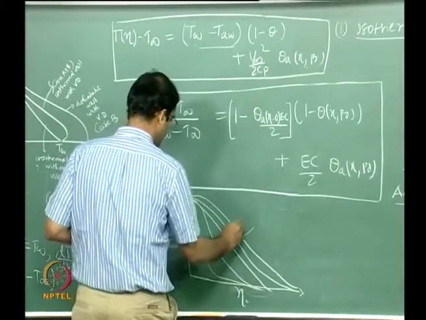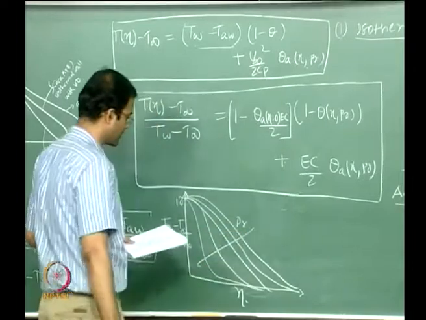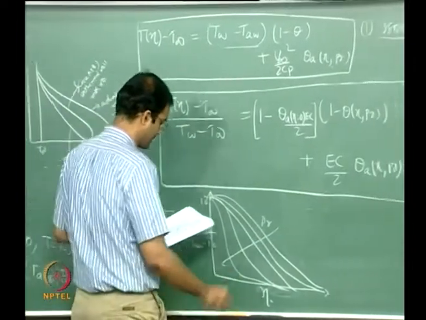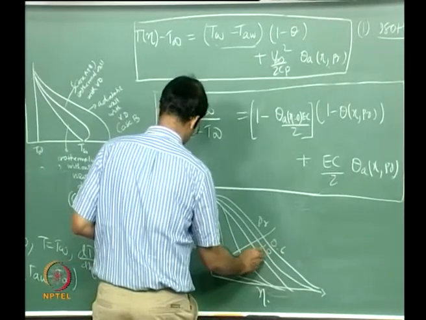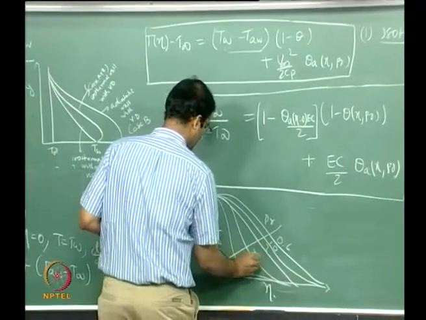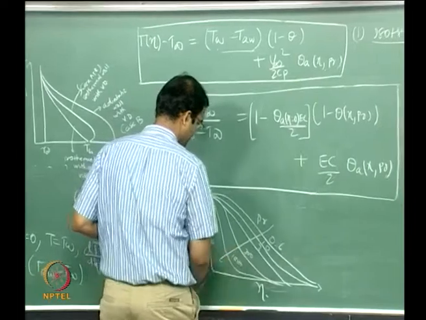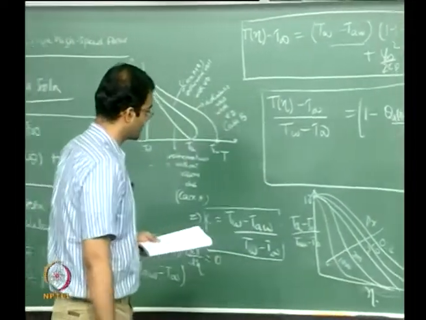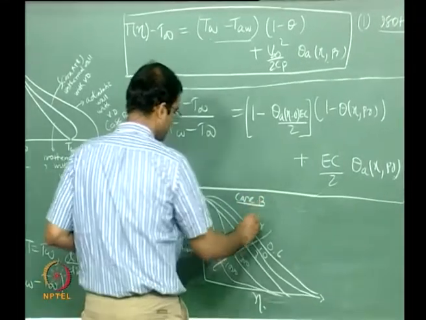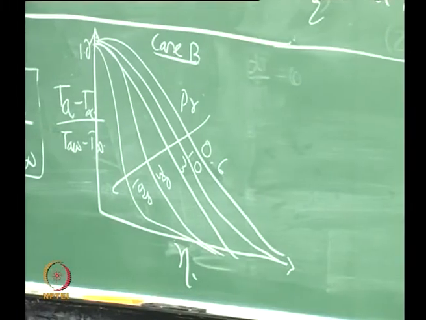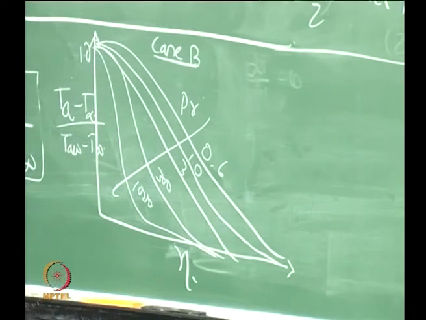So with increasing Prandtl number, your slope at the wall keeps increasing. This Prandtl number 0.6, 1, 3, this is like 300, this is like 1000. So this is your case B solution. That is only for the case with adiabatic boundary condition at the wall.